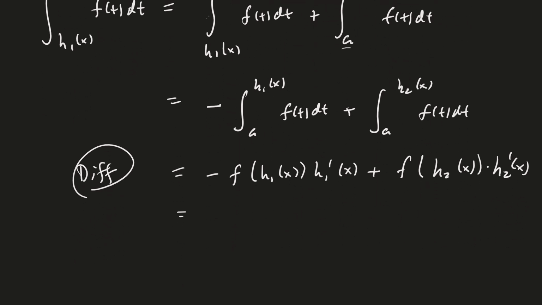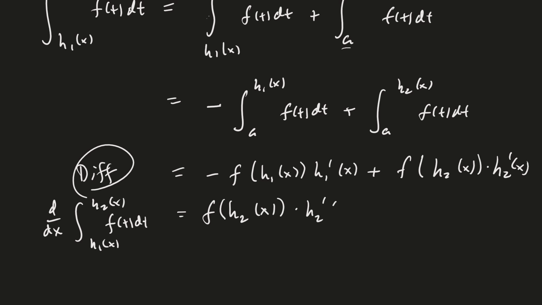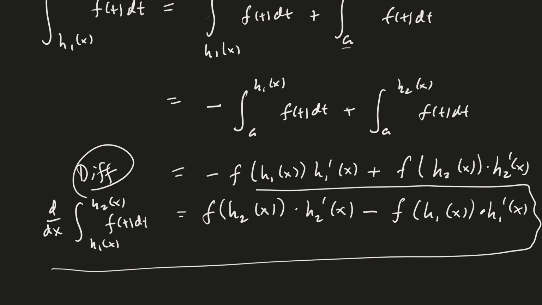We would say that the derivative of the integral from h1 of x to h2 of x, f of t dt, is equal to f of h2 times h2 prime, so that's a composition, right? Minus f of h1 times h1 prime. Good. And so that is the most general form of our derivative.